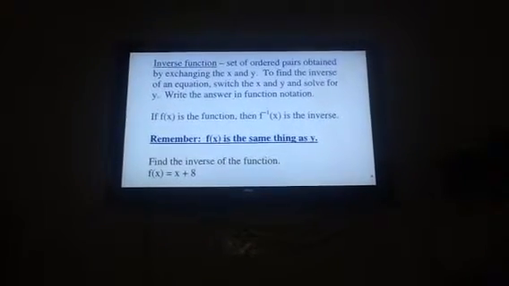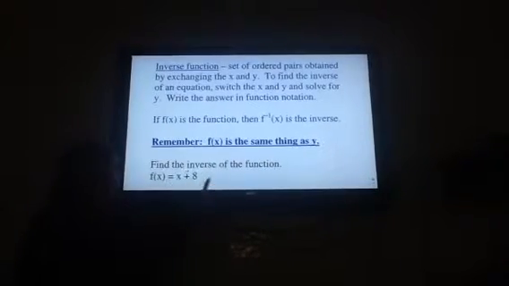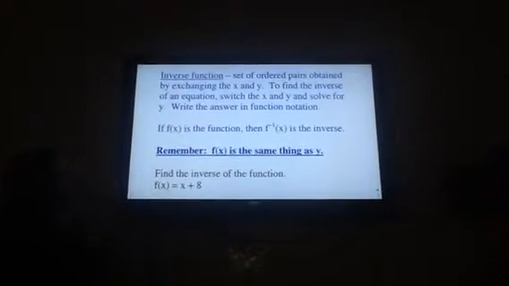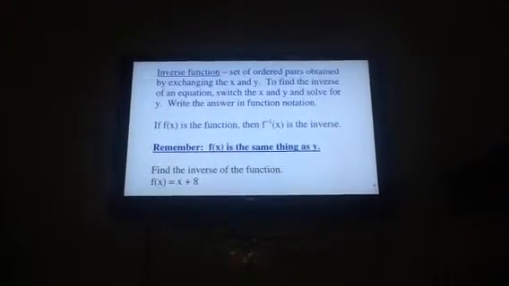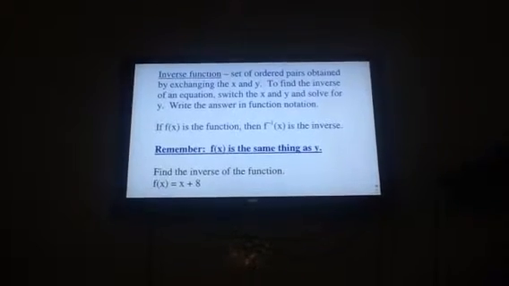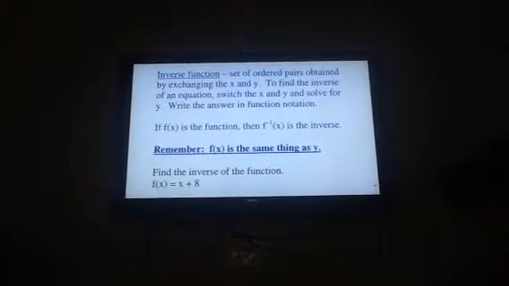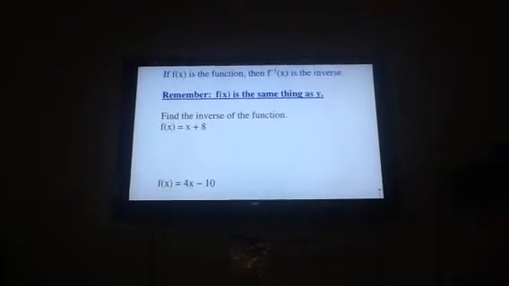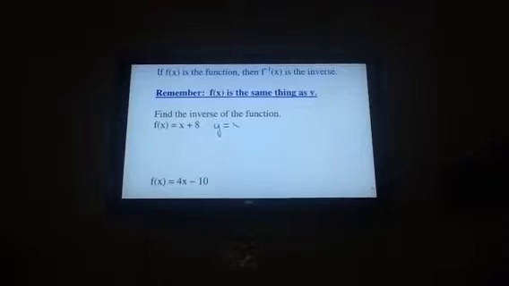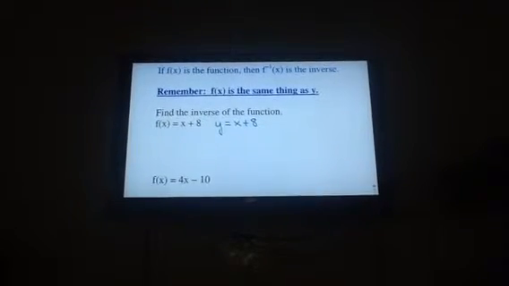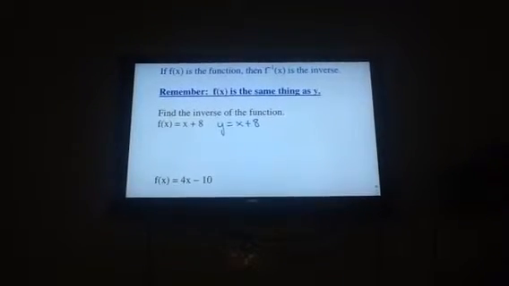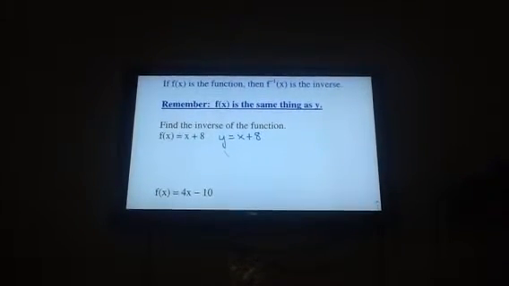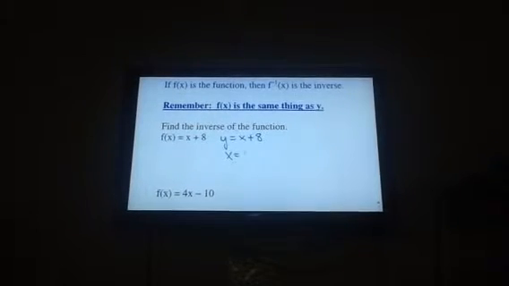Remember, in bold letters, underline that f of x is the same thing as y. So when I say in my directions up here, to switch the x and y, f of x is y. Okay? So I'm going to start by just replacing that. So replace. If f of x is y, then I'm going to make it say that. Now I'm going to switch my x and y with each other. So now it's going to say x equals y plus 8.